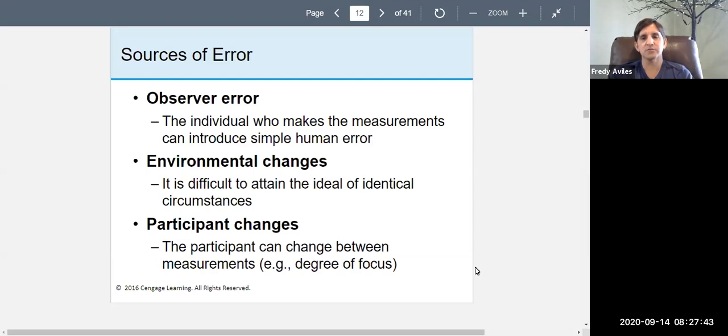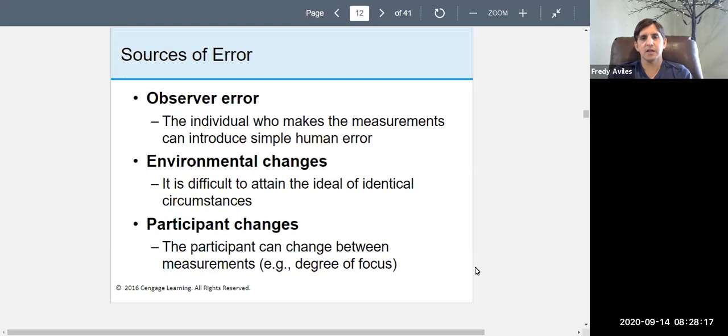There's also error that's introduced because of environmental changes, because it's difficult to obtain the ideal of identical circumstances. Now, with things like height and weight, environmental changes don't make much of a difference as long as you're on the same planet. But when you're talking about things like motivation, or let's mention self-esteem instead, the environment can change and affect your self-esteem.